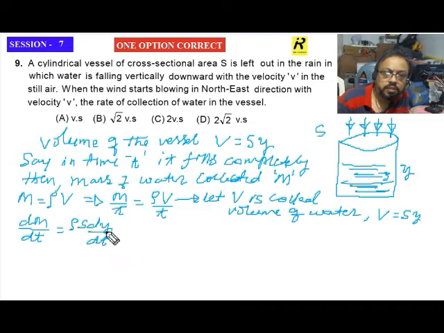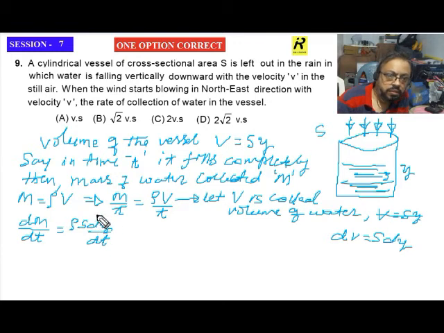So S into dy becomes dV. Now you should be careful when you are writing this. It's a very small amount of water that is collected, which is dV equals S into dy. So now in differential form I am seeing this one.